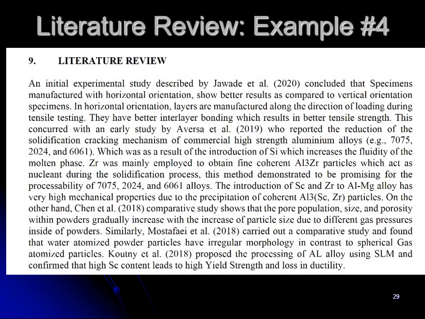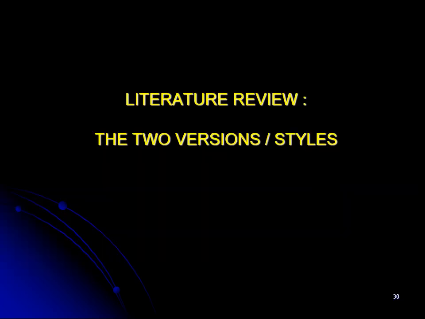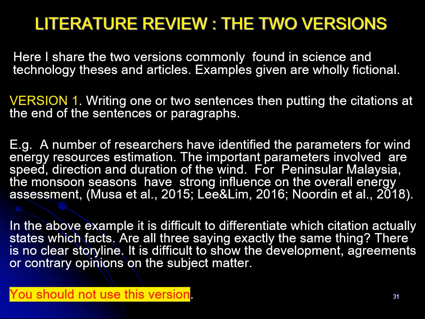Okay, so now we go on to our next part, which is about the two versions or two styles of literature review. There are two ways of writing a literature review.